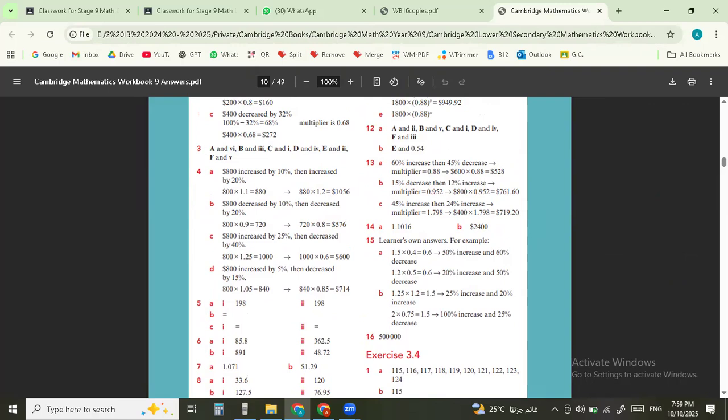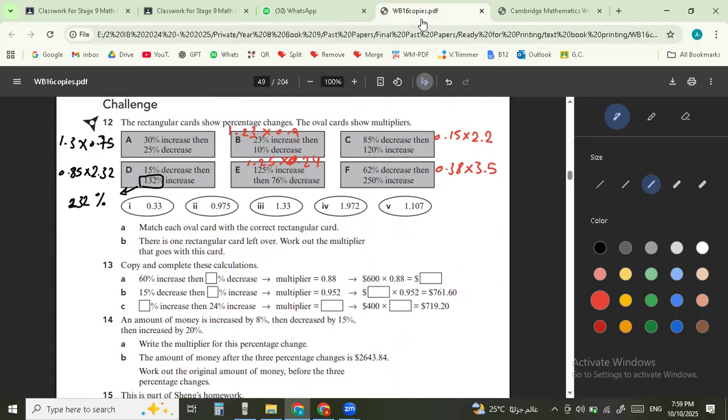The only one with no oval card to be matched with is E, which is equal to 0.54. It has no oval card.